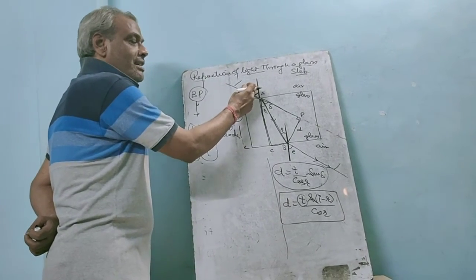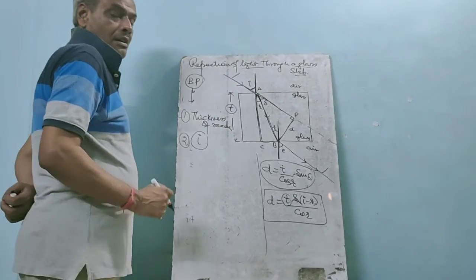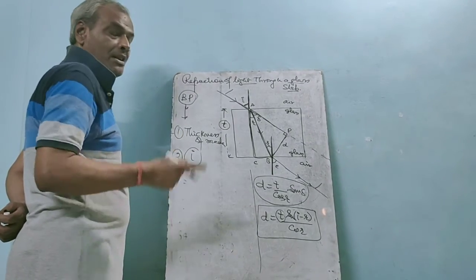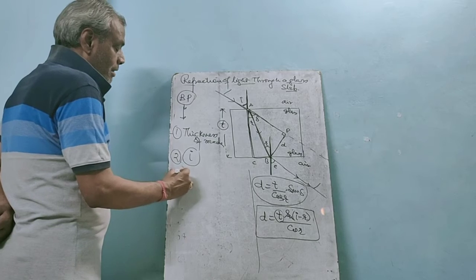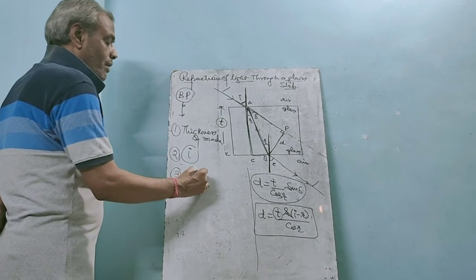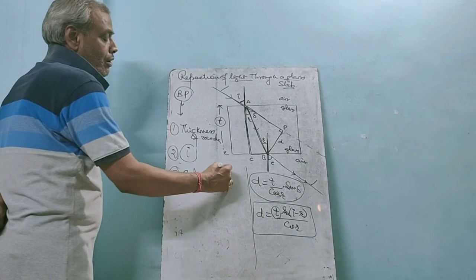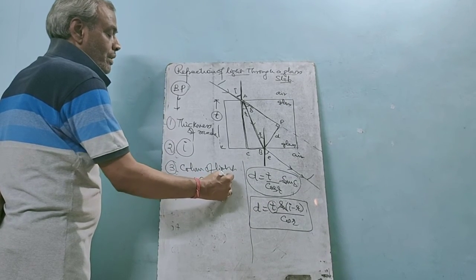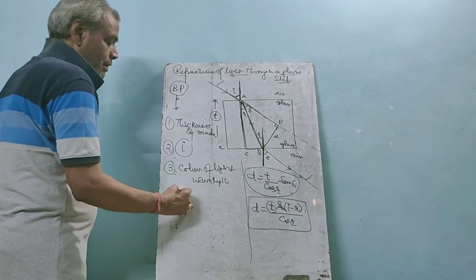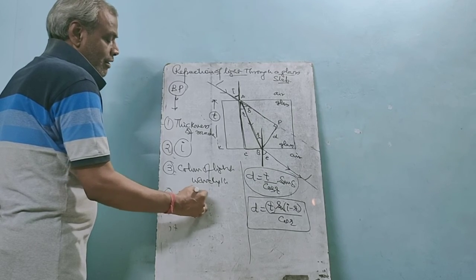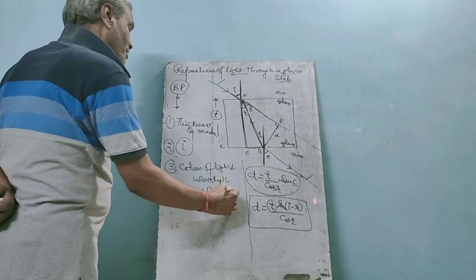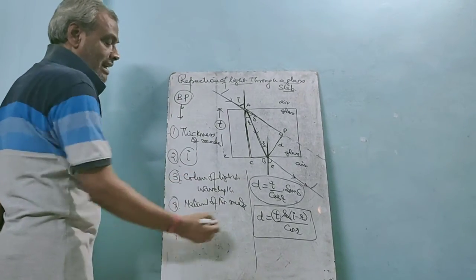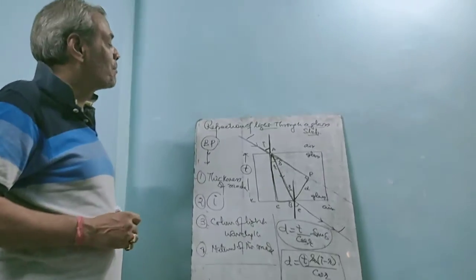Greater the angle of incidence, greater will be the lateral displacement. Greater the thickness of the medium, greater the lateral displacement. Number three, the color of light, I mean to say, the wavelength. And number four, the material of the medium. What is the material? Glass, water. It depends on so many things.